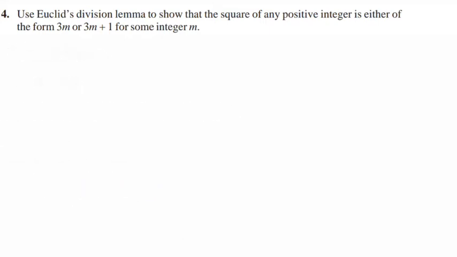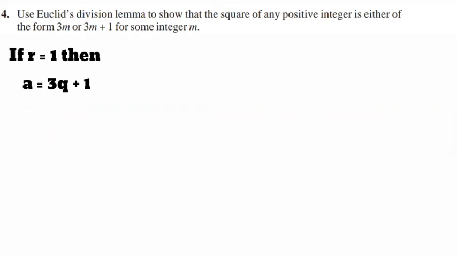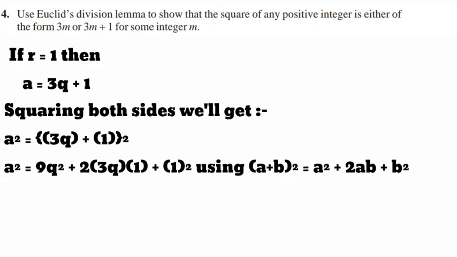Now, if r is equal to 1, then a is equal to 3q plus 1. My advice to you is, first write the values of a when the value of r is so and so, and then square it, as it becomes easy for you, but the choice is yours. Okay, now if we square both sides, then a square will be equal to 3q plus 1 the whole square.